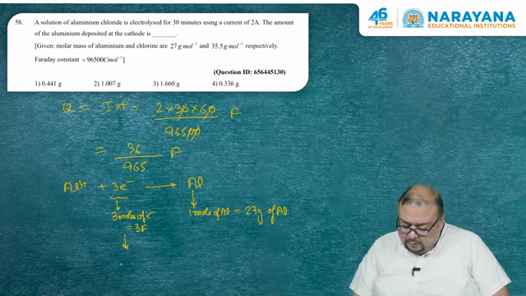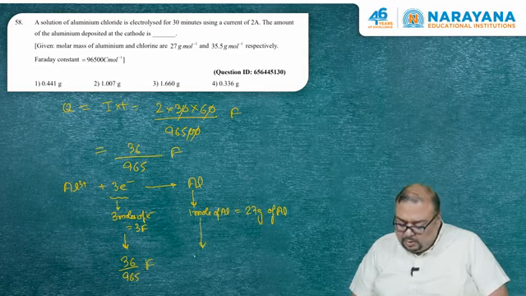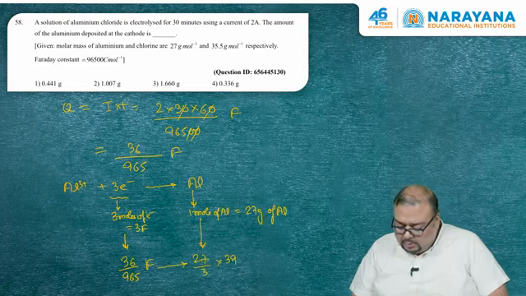So for 36 by 965 Faraday, the amount of aluminium deposited will be 27 by 3 into 36 by 965.